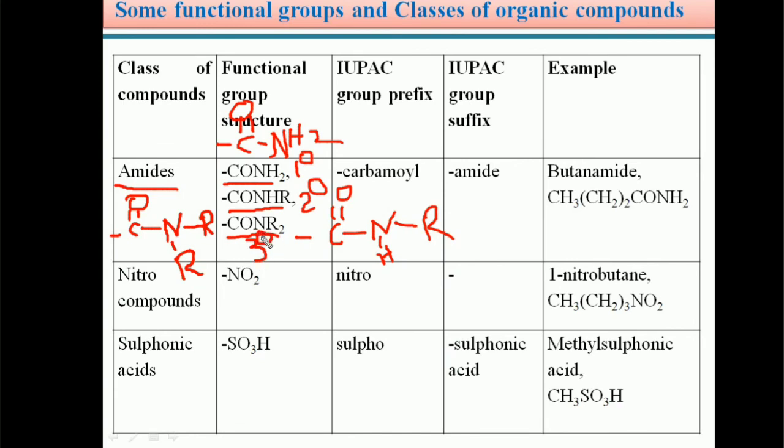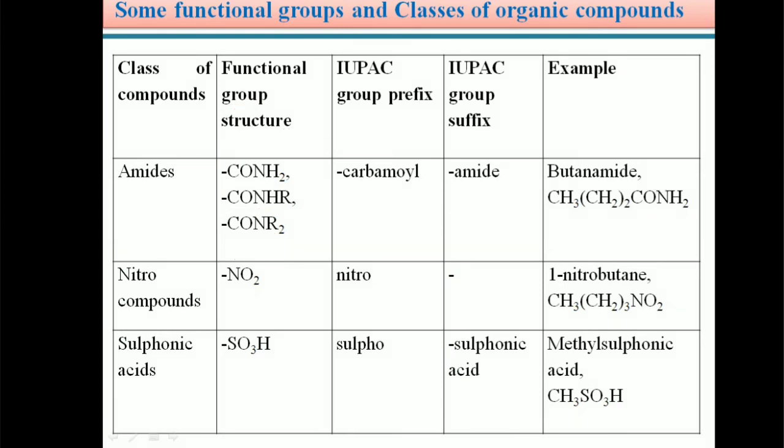Tertiary amide 3 and the superscript round symbol. This is primary, secondary, tertiary. Students, if this amide group acts as a principal functional group, then the IUPAC group suffix should be amide.